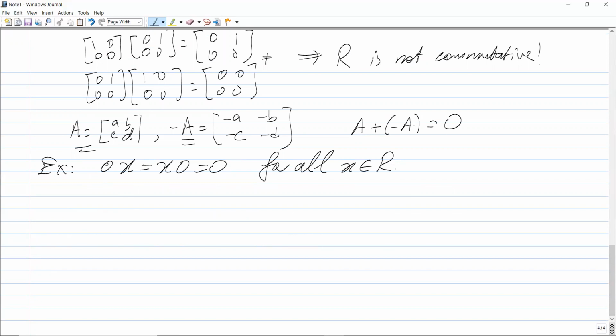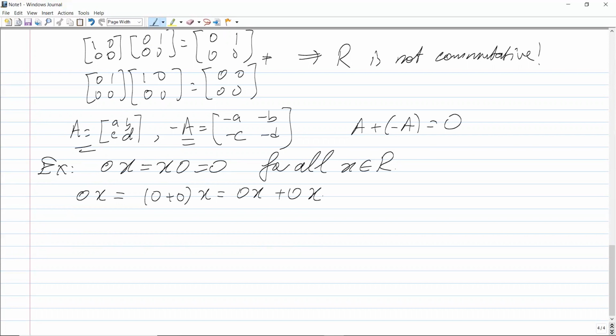Let's see how we show that. Let me do one of them. 0 times x: I can write it as (0 plus 0) times x. Using distributivity from the left-hand side, that's equal to 0 times x plus 0 times x.